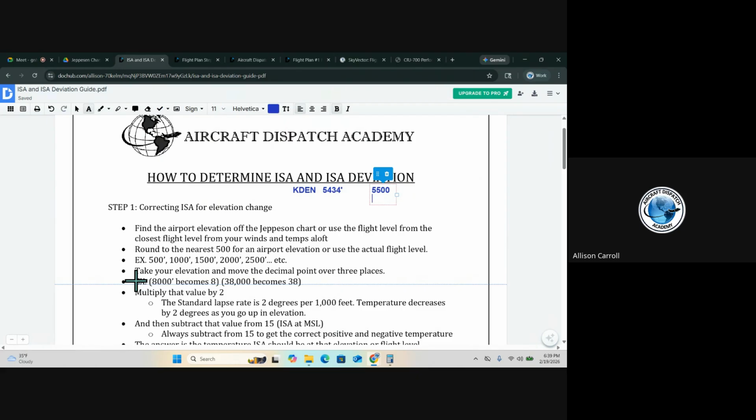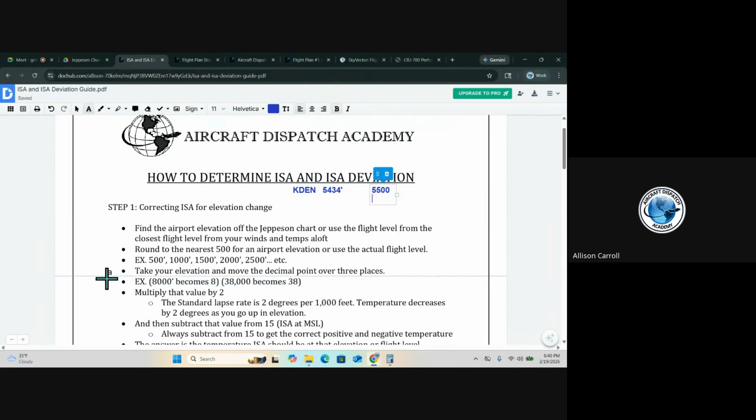If you want to round that all the way up to 500 feet, you're more than welcome to. If you just want to round it to sea level, that's what I would do. You could actually do it both ways, and you would see that it really doesn't make that much of a difference. Okay. So in this case, we're just rounding up to 5,500.